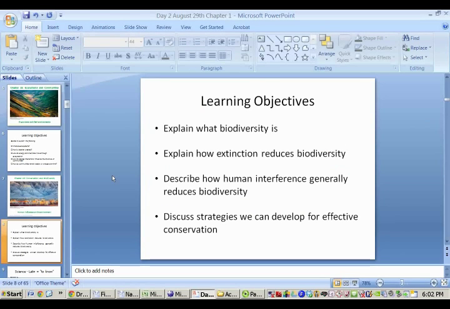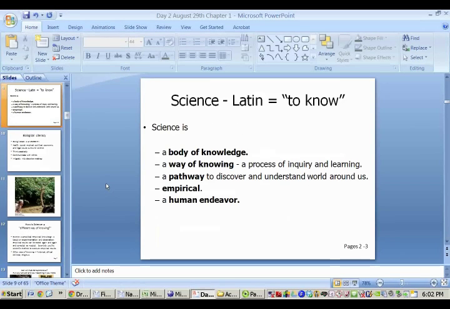We'll be looking at what is biodiversity, how does extinction happen, how do human interferences generally reduce biodiversity, and talk about some of the different ways scientists have come up with strategies for conserving different types of biodiversity.